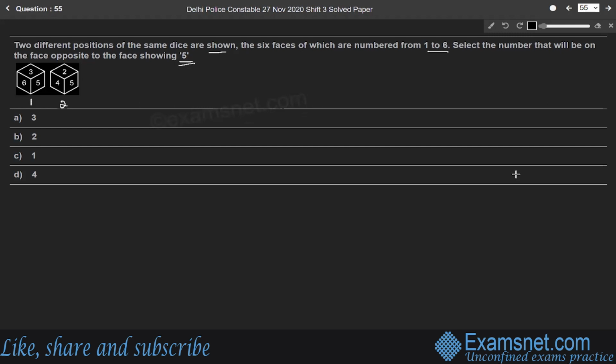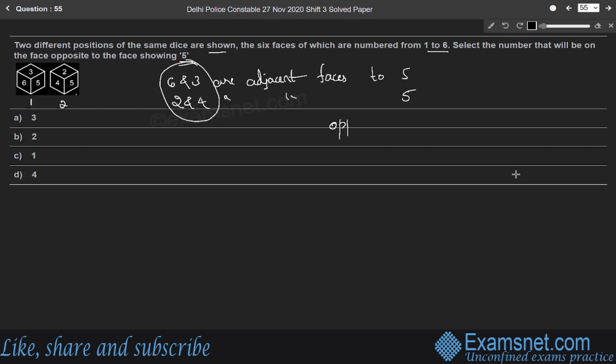So in figure 1, 6 and 3 are adjacent faces to 5, whereas in figure 2, 2 and 4 are adjacent faces to 5. Since they are adjacent faces, they cannot be the opposite face to 5, right? Therefore, the only number left is 1, which is opposite to 5. Therefore, option C is the right answer.